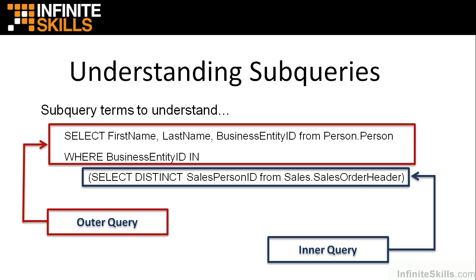The outer query is where the query starts. It's the main query, if you will. You will hear terms out there in documentation of outer query, main query, all those sorts of things. And then the inner query is the one that is providing data to the outer query. So what's going to happen here when you execute this, the inner query is going to run one time, create a list that's then consumed by the outer query.